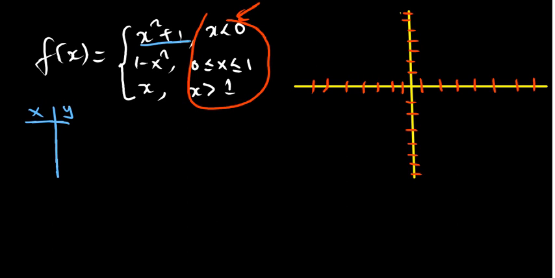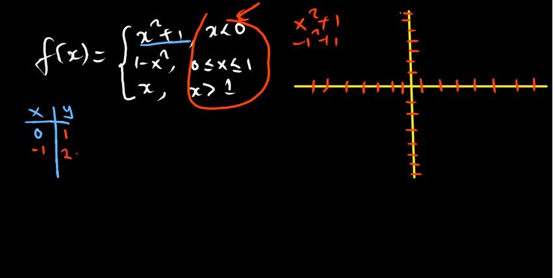So we are going to start with the same 0. We put 0 here, and our equation is x squared plus 1. Where there is x, if I put 0 squared plus 1, the value of y is going to be 1. Next, for numbers less than 0, we have negative 1. Negative 1 squared plus 1 gives 2.